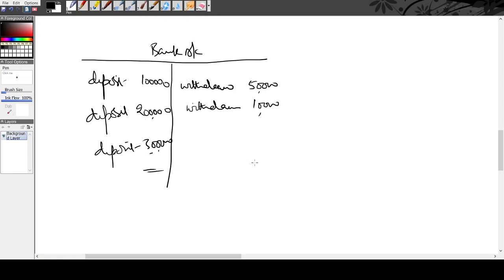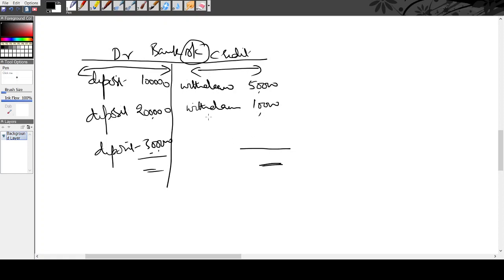So we are just collecting information relating to the bank transactions in this paper called the bank account, and for the sake of convenience we call the left side the debit side, and the right side the credit side. I hope you are able to understand the meaning of the term account. It is nothing but a count for every unique piece of information.